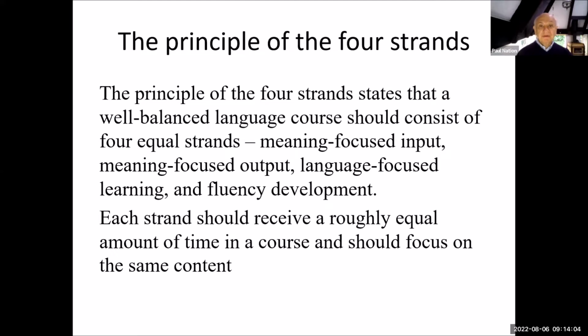So that's the principle of the strands then, that there should be 4 strands which run through a course. And the idea of a strand is that it's something which continues. So right from the elementary stages of a course to the advanced stages of a course, there should be a meaning-focused input strand, and there should be a fluency development strand, and an output strand, and a deliberate learning strand.